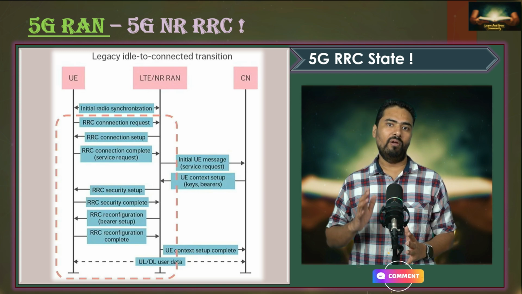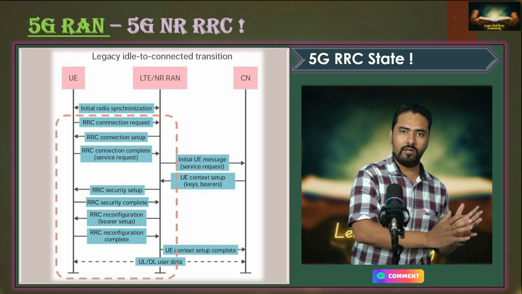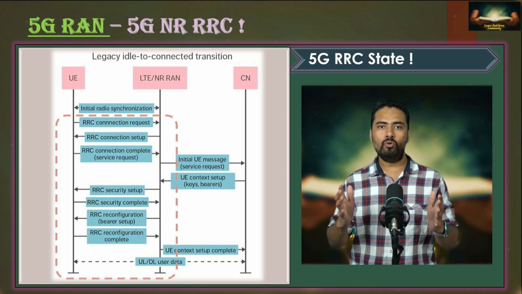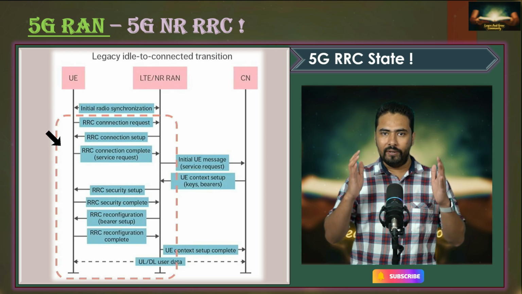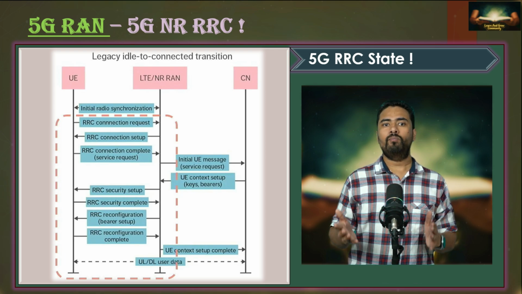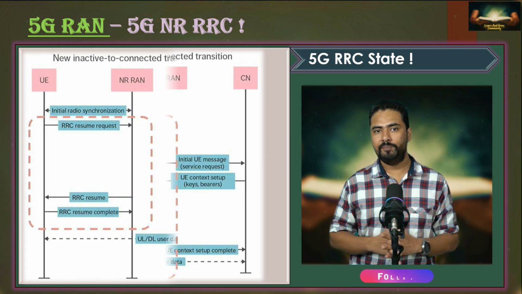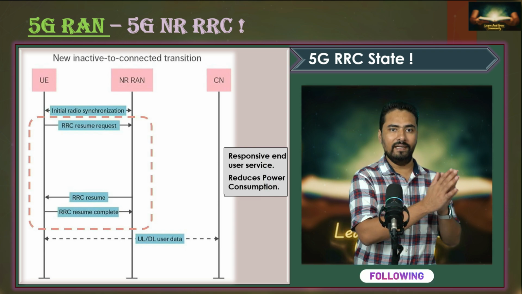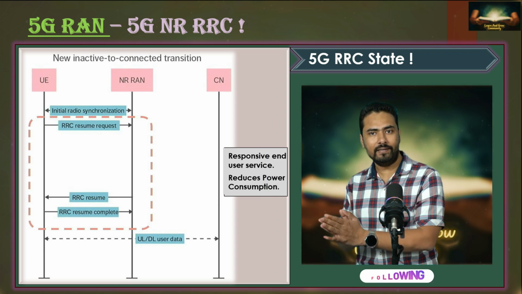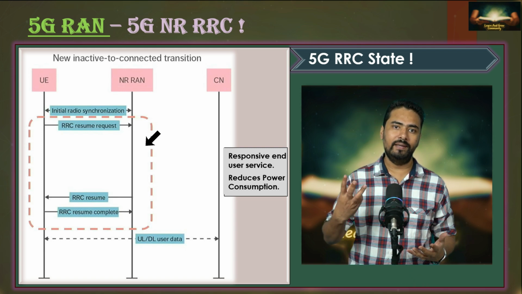In LTE, when we go from RRC idle state to RRC connected state, it takes 7 messages, as you see in this picture here. So it takes longer to connect, meaning more delay. But with this new RRC state, when we move from RRC inactive state to RRC connected state, it takes just 3 messages.